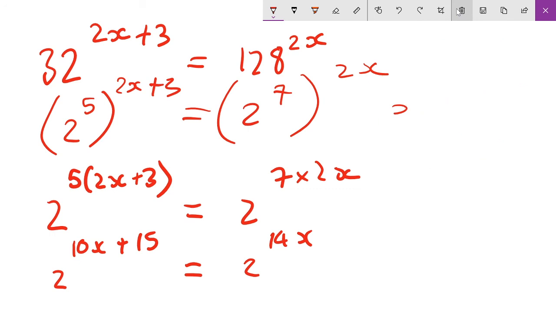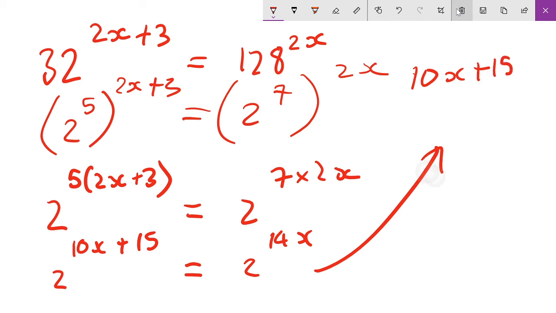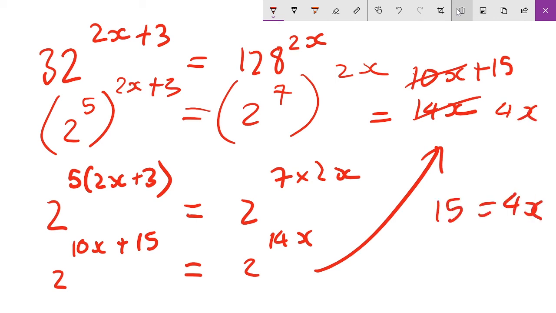So therefore, 10x plus 15 is going to be equal to 14x. Okay? Which means if we just minus 10x from both sides, we get 15 equals 4x. And 15 over 4 is going to be equal to x.